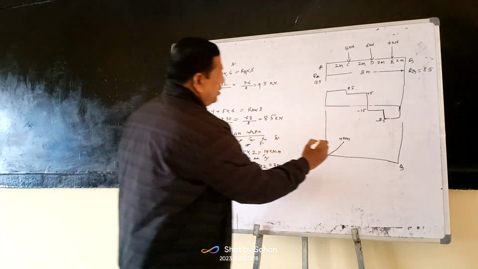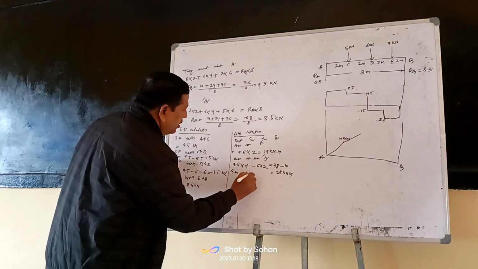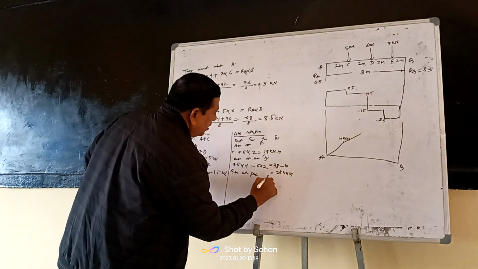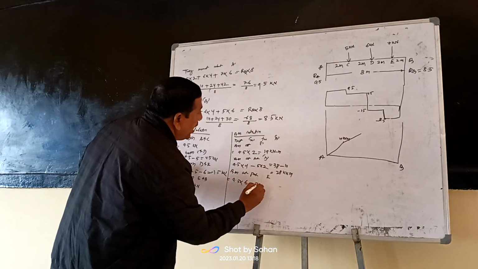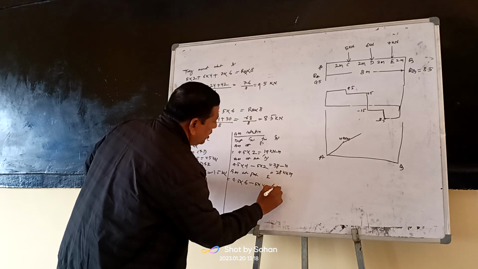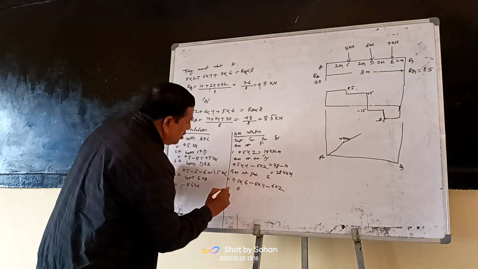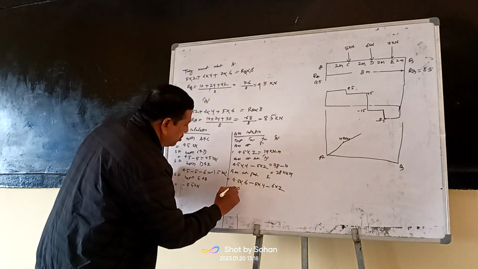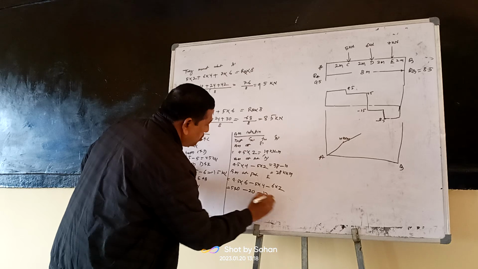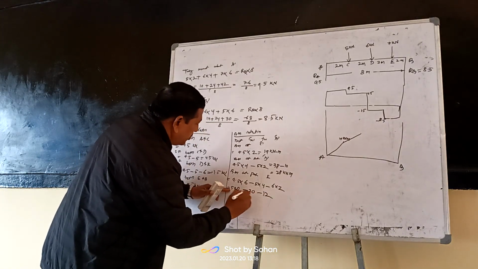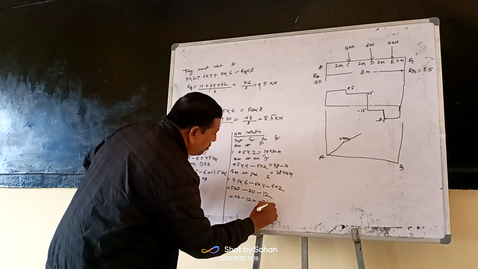Then the bending moment at point E is equal to 9.5 into 6 minus 5 into 4 minus 6 into 2, which is 57 minus 20 minus 12, equal to 25 kilonewton meter.